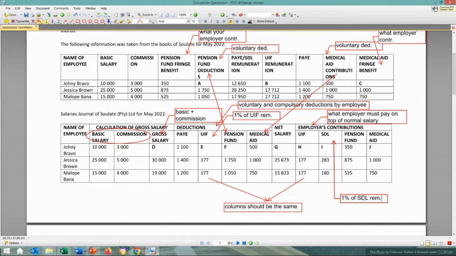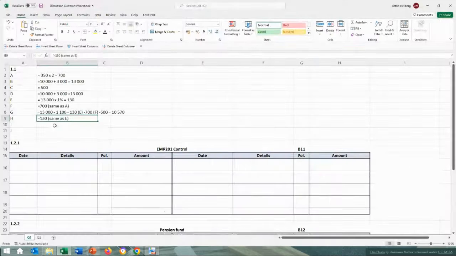If SDL is calculated as 1% of the SDL remuneration, what would the value be under I? 127 Rand. That's absolutely correct, Mpile. So you take the 12,650, you multiply it with 1%. Because they said round it up to the nearest Rand, if you round it up, it will be 127 Rand.